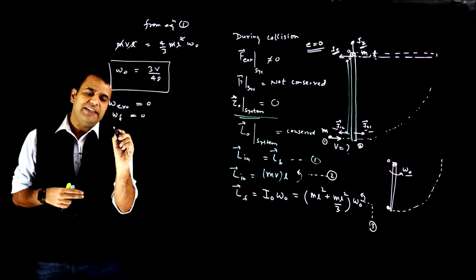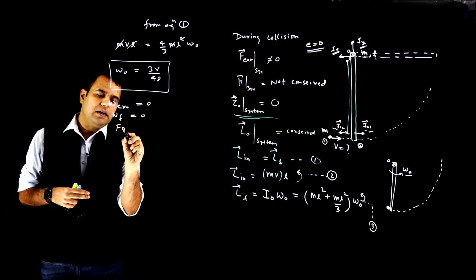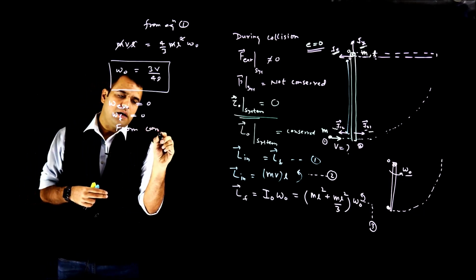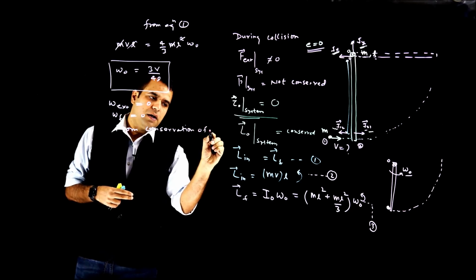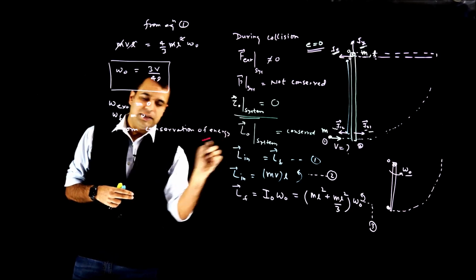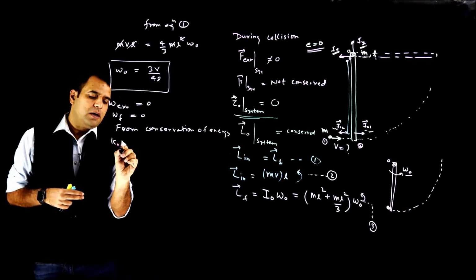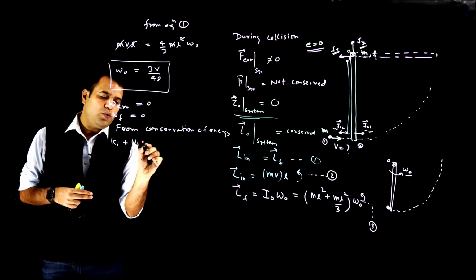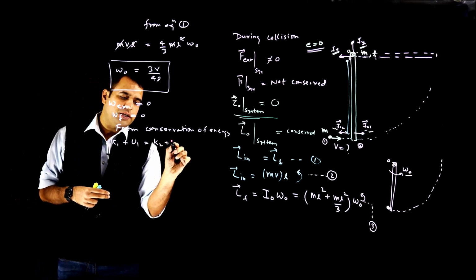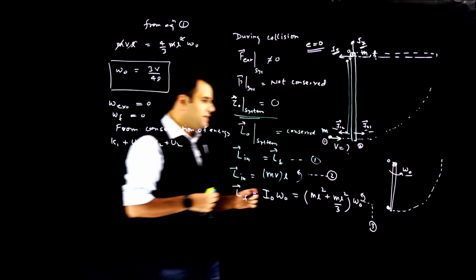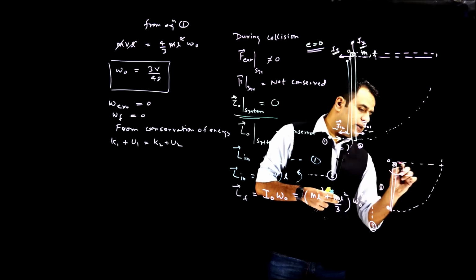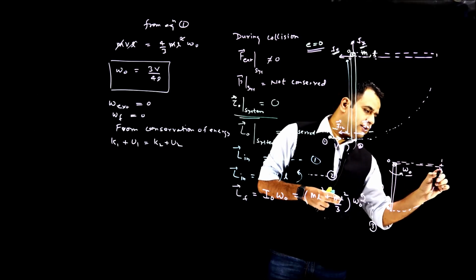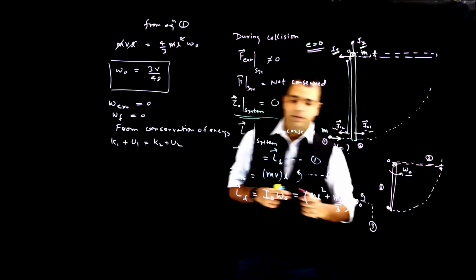So from conservation of energy, K1 plus U1 is equal to K2 plus U2. This is my state 1, and this I'm calling state 2.